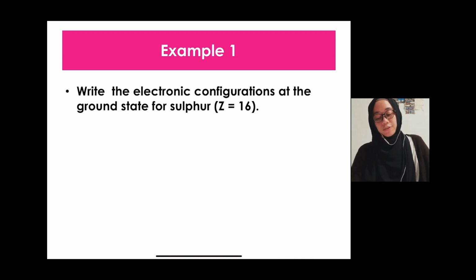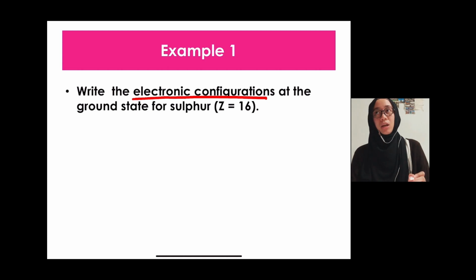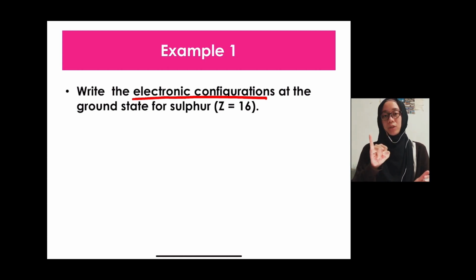So, write the electronic configuration at the ground state for sulfur. Okay, so it says here electronic configuration. Okay, so electronic configuration can be written in either SPDF notation or orbital diagram. So, you can choose to write in either one.